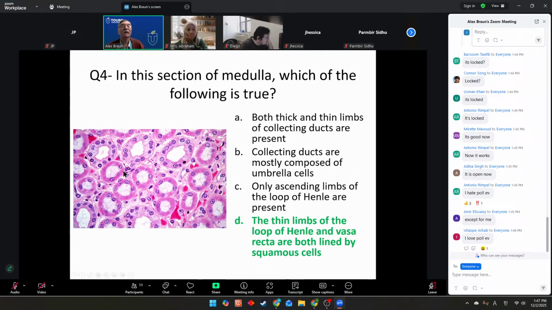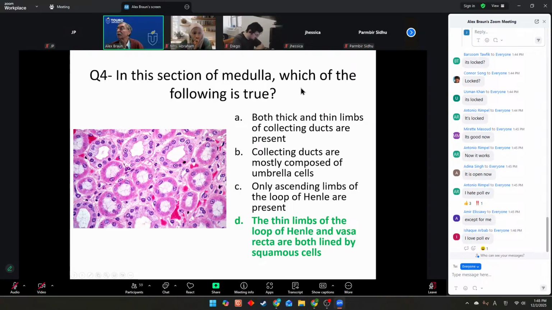Then finally, there's one tubule left over, which doesn't fit any of those criteria we just talked about. This here is a thick limb of Henle. These are cuboidal epithelial cells. This is thick limb of Henle. This is thin limb of Henle. Thick limb of Henle, thin limb of Henle. So one collecting duct, vasa recta capillary, thin limb of Henle, thick limb of Henle.